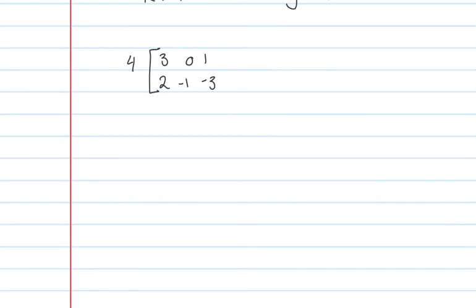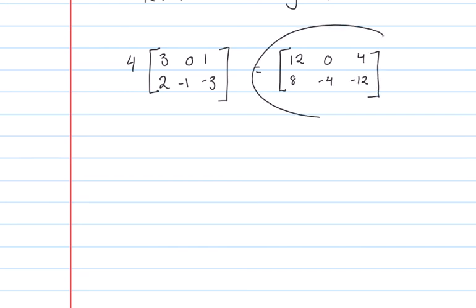And all we have to do on problems like this is distribute to every single component, every single element. So this becomes 12, this becomes 0, 4, 8, -4, and -12. And it would be the same thing if I were distributing 1/4. I would just multiply every single element by 1/4 instead. And I can give answers as fractions or decimals.